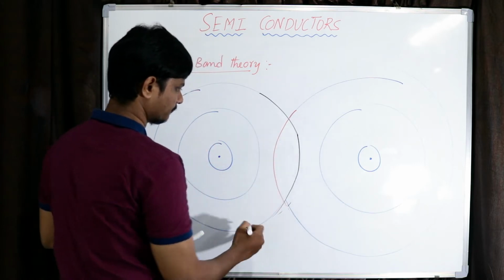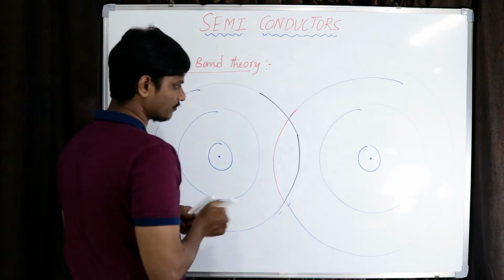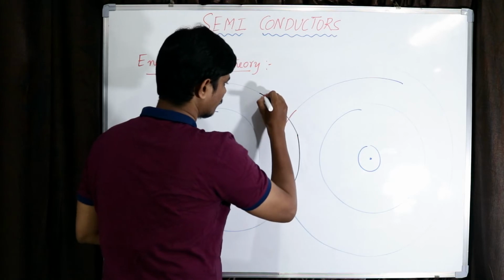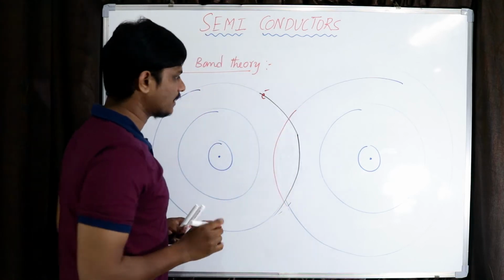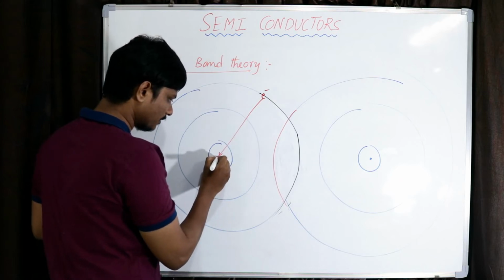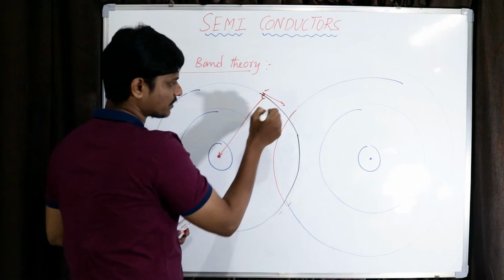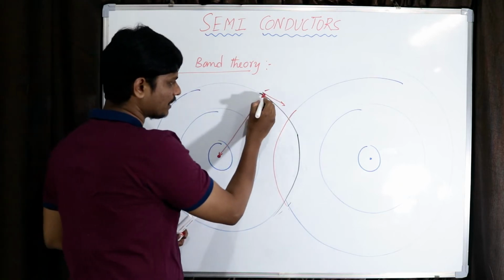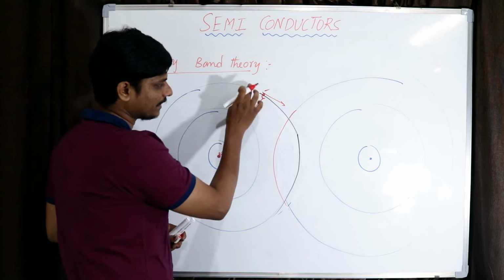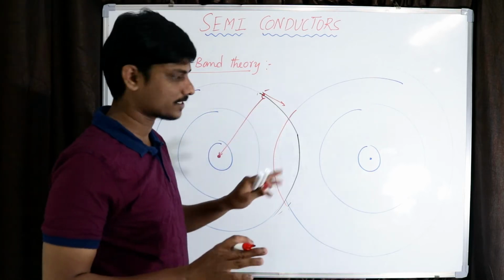Let us imagine an electron which is over here. This electron is influenced only by this nucleus and its velocity is fixed. Therefore, the potential energy and kinetic energy of this electron are fixed. Therefore, the total amount of energy of this electron is fixed.